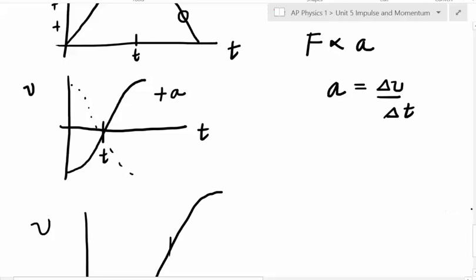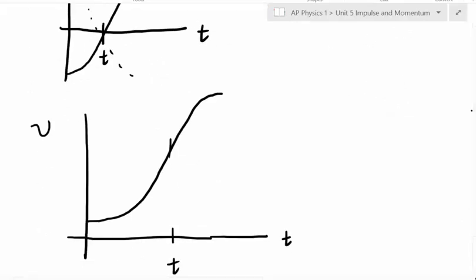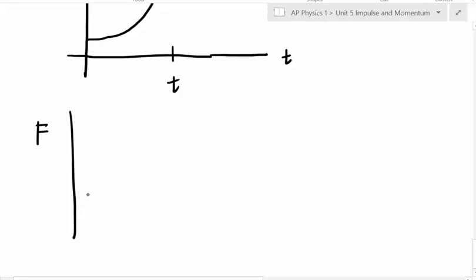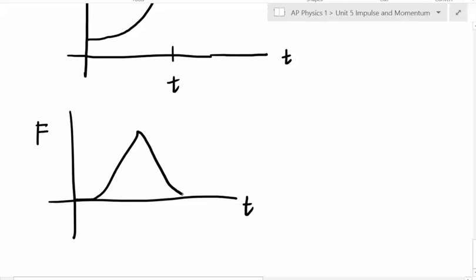So my question for you then is, if you have the data for a force versus time of a collision, so a collision that occurs, and so there's no force, and then suddenly, wham, there's a force like that.